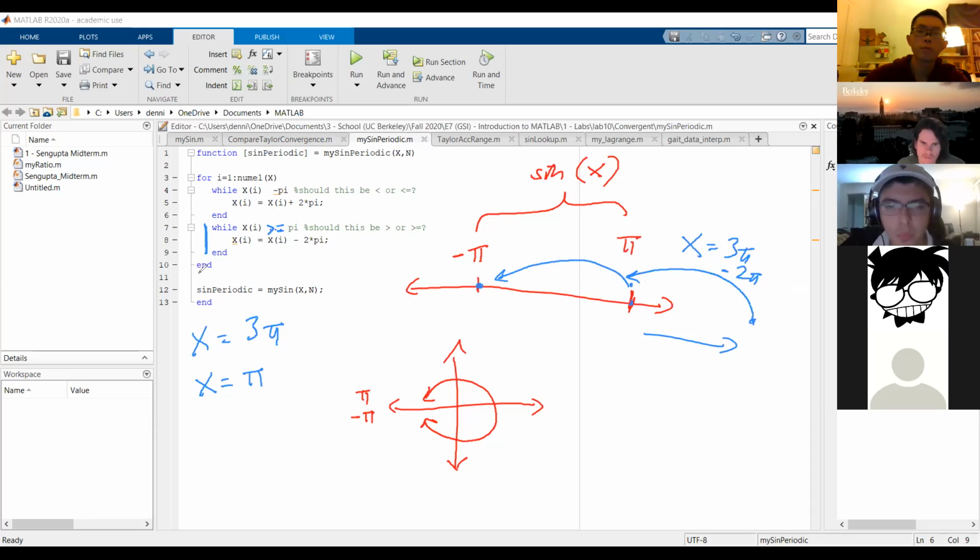Well, it depends on which loop comes first. If it's 3 pi, I think it'd be better to just have it stop there. And if it's negative pi, you want it to be greater than only.